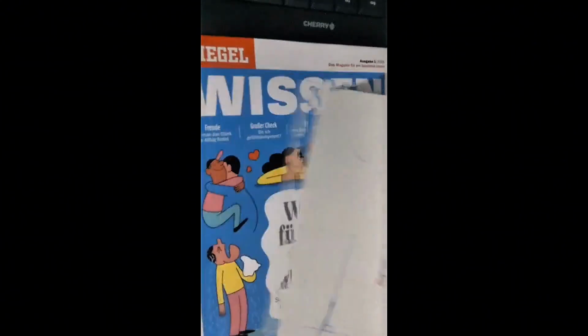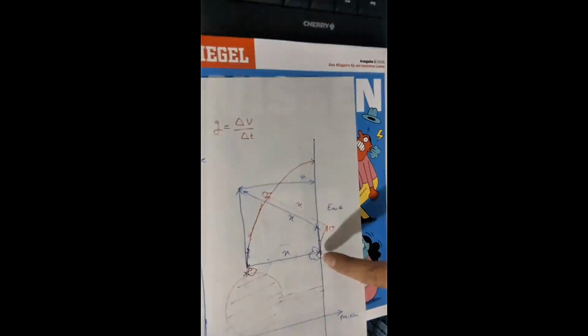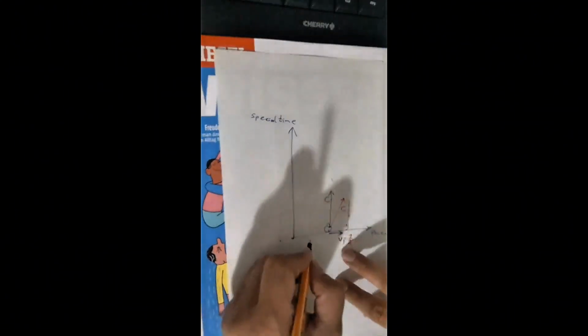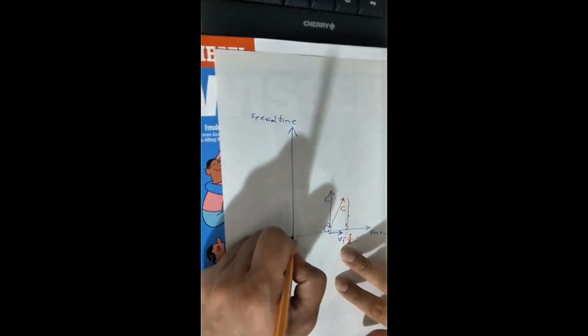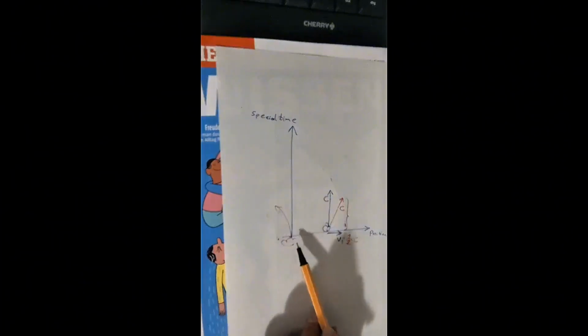So if I come back here, if I make my arrow of time straight, this bush is like having this trajectory versus the position axis.